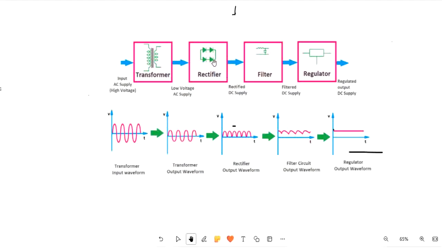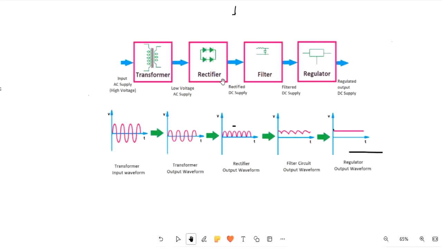In the rectifier we are going to study the half wave rectifier, and then the full wave rectifier. In full wave rectifier we will study the biphase rectifier and bridge rectifier in detail. Rectification is a process where we convert AC to DC, that is alternating current to direct current, giving a rectified DC supply.